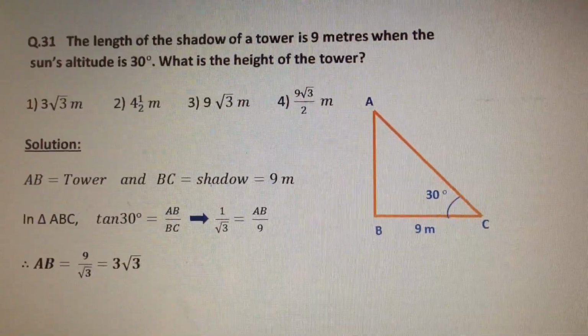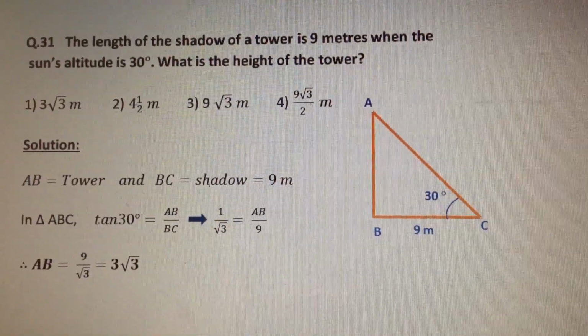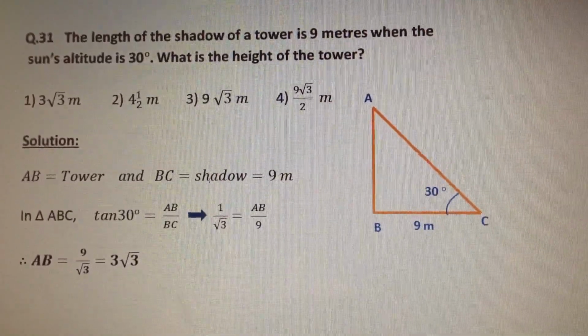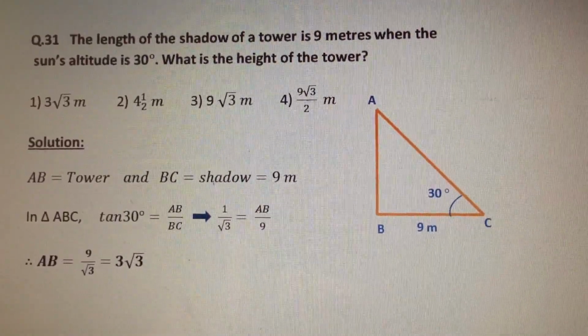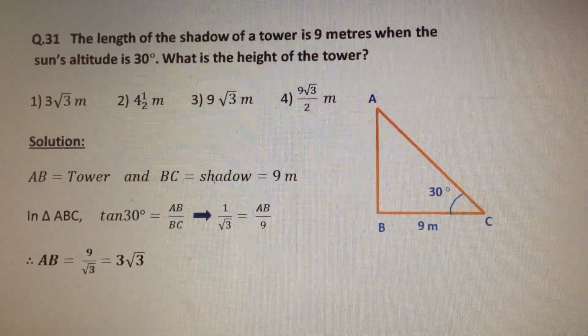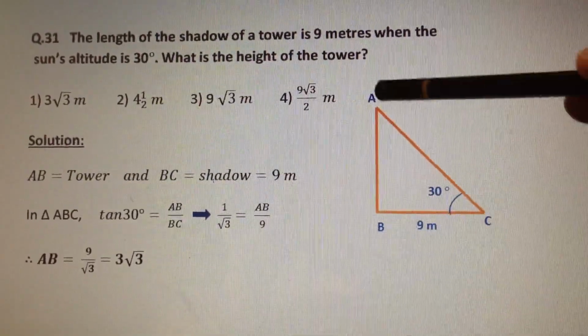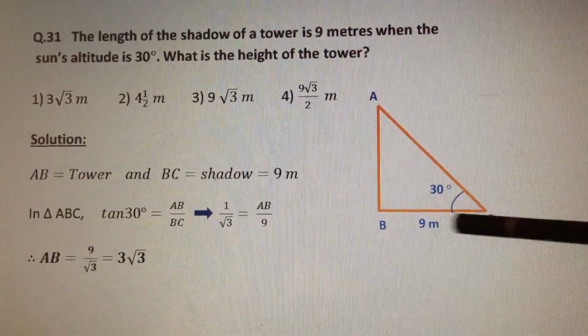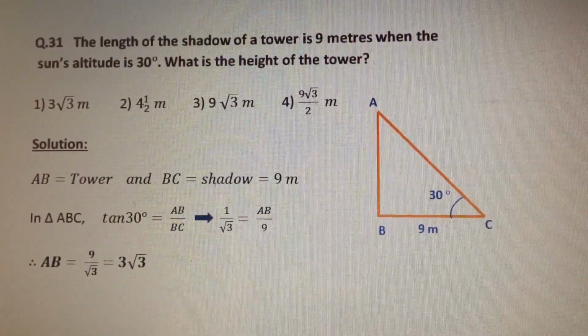Next question. The length of the shadow of a tower is 9 meters when the sun's altitude is 30 degrees. What is the height of the tower? AB is the height of the tower and BC is the shadow of the tower, which is 9 meters, which is given in the problem.